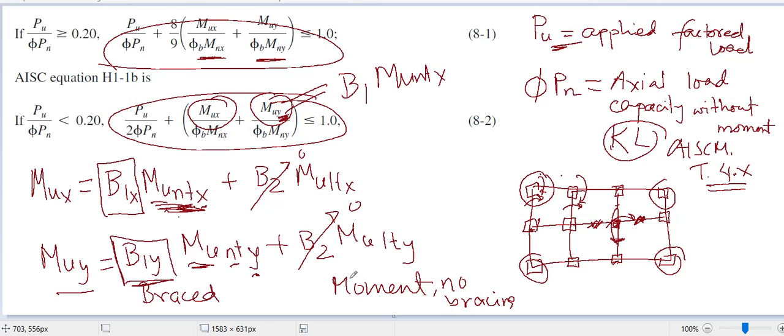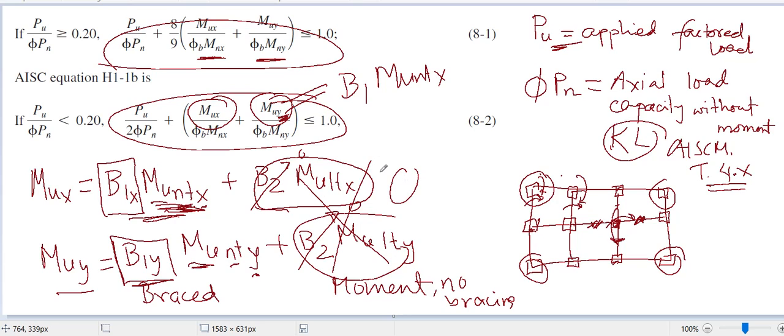If your frame is a moment frame, then you have to use this portion; in that case this will be 0. But most frames are braced frames, so in most cases this portion is 0. If it is a moment frame, a special case, you can calculate B2, which I will talk about later. This time I will talk about B1x. How to find B1x? Okay, let's go.